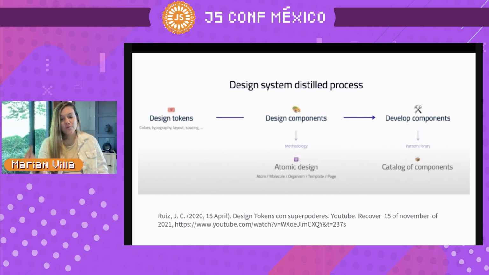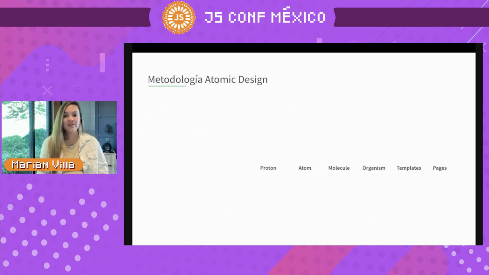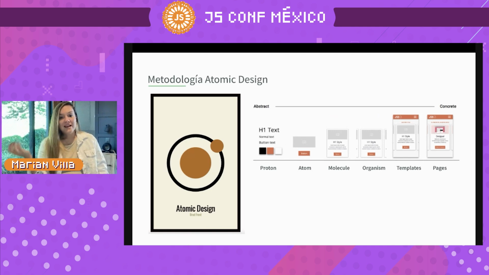And when we think about components, design components, moving from the atom, these tokens are not variables, not code variables, but you can take them as protons, neutrons, and something beyond that, even if we just zoomed in the atom. So in the last stage, we have the developed components, where we have libraries and patterns, and there we have component catalogs. So this would be the atomic design methodology, which is widely known in the design world, I think in the development world as well.